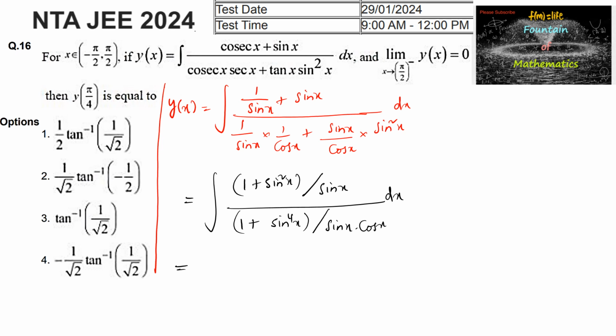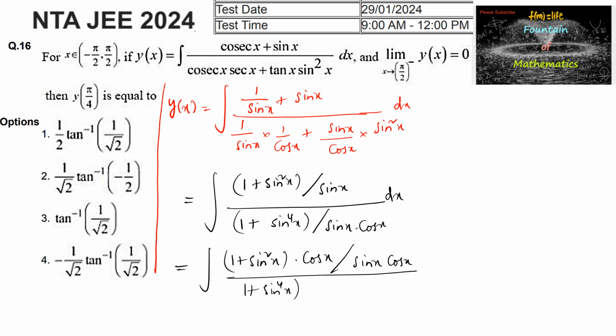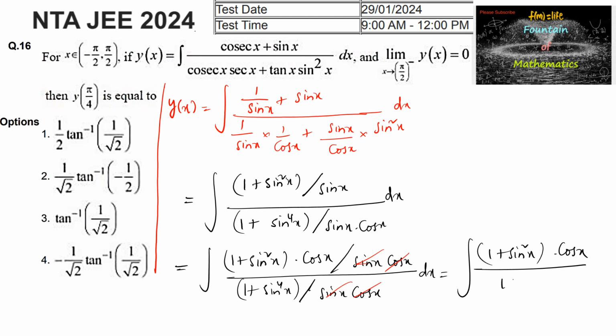So we can remove sin x cos x from both the numerator and denominator, and write this as (1 plus sin square x) into cos x upon (1 plus sin to the power 4 x) dx.